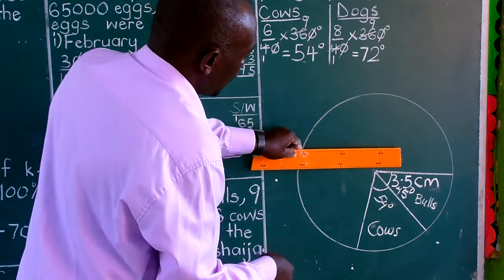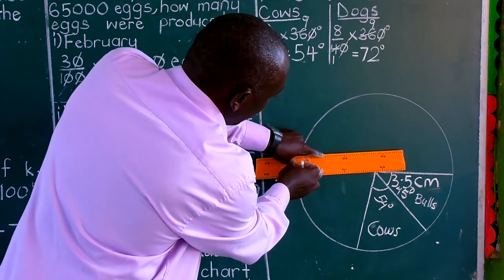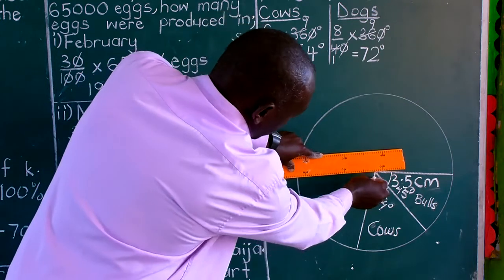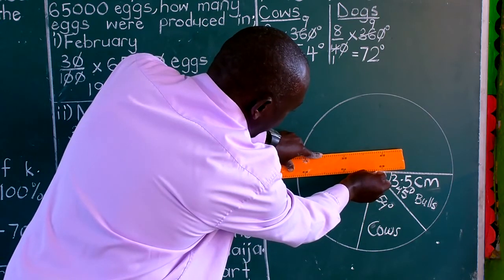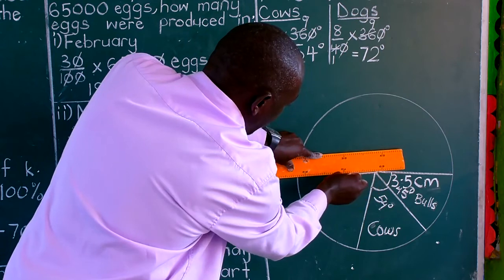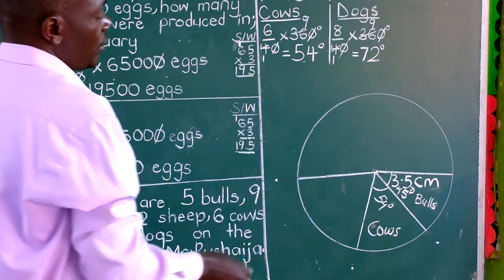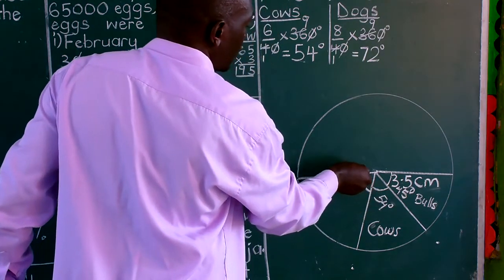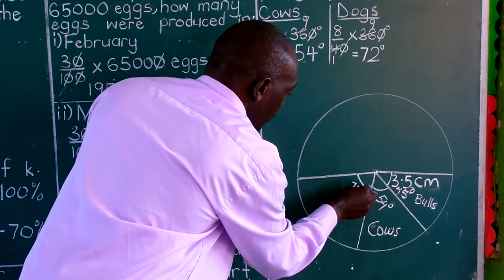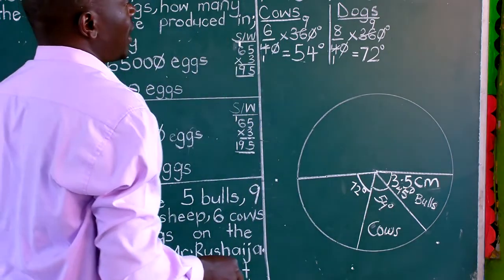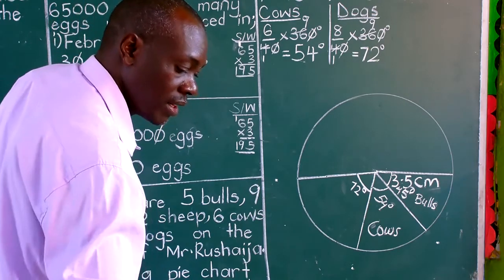You first see whether you can join properly from the center to the given point, or the point you have drawn, and indeed you draw. So after drawing, you will name this angle 72 degrees, and then the sector, so it's not 72 but 81 degrees.